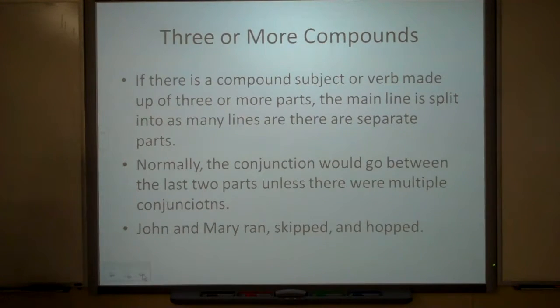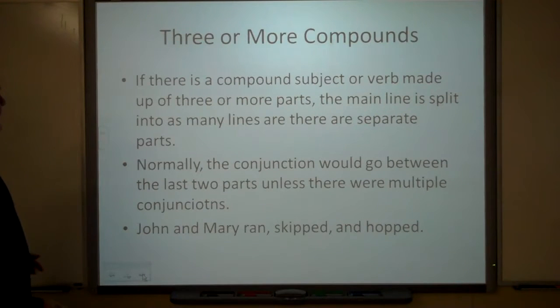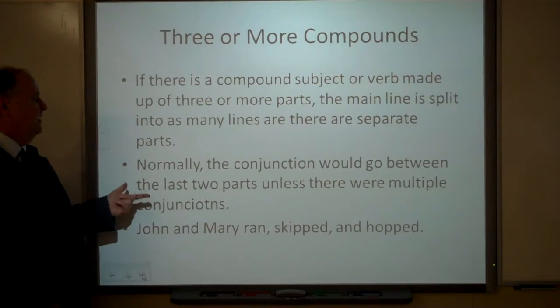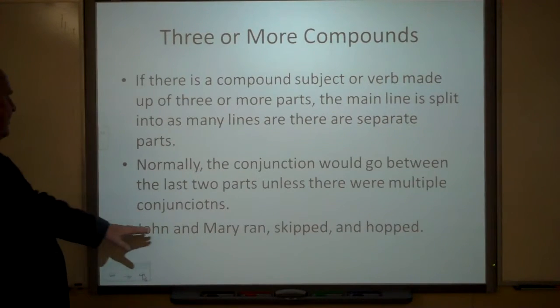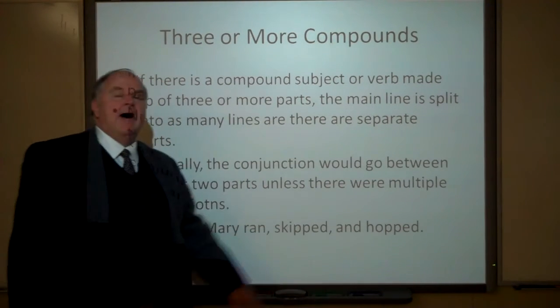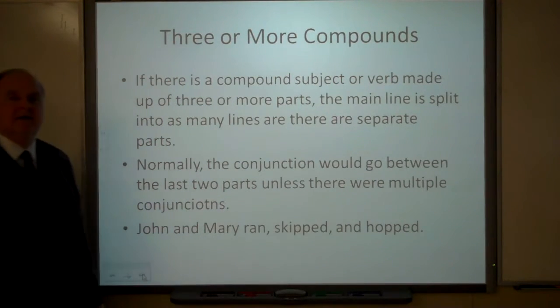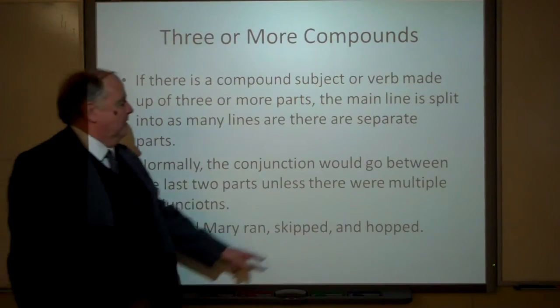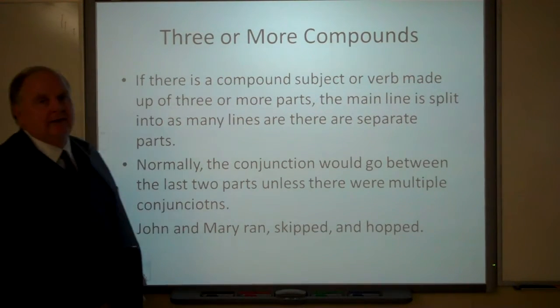If there's a compound subject or verb made up of three or more parts, the main line is split into as many lines as there are separate parts. Normally the conjunction would go between the last two parts unless there were multiple conjunctions. Most of the time we'd say John and Mary ran, skipped, and hopped. In this case you have three parts of the compound verb, and normally we would just put the conjunction at the end of the series.